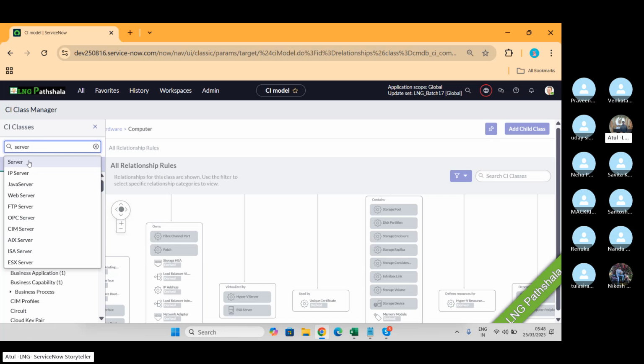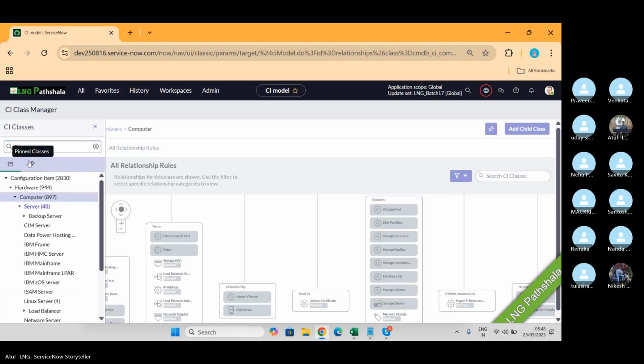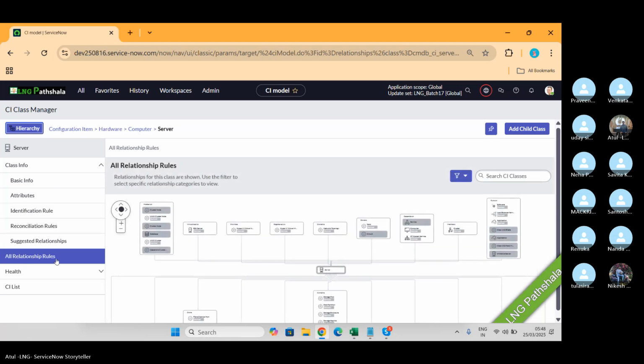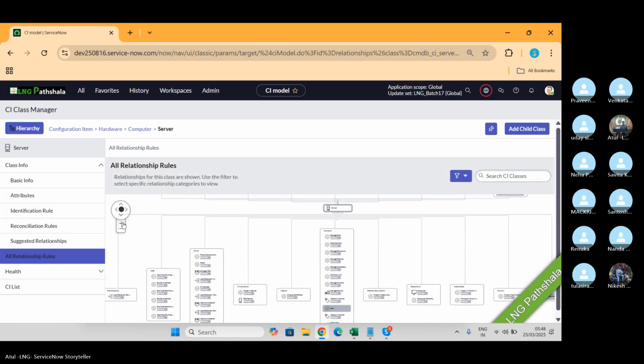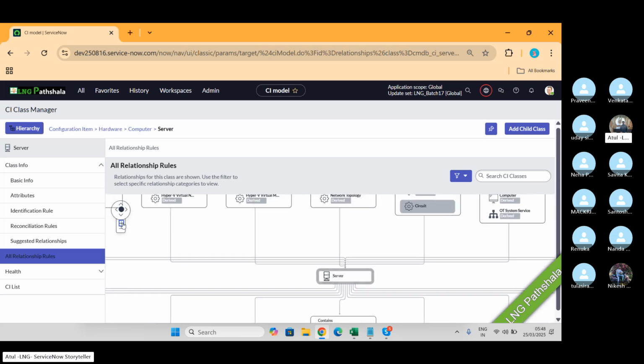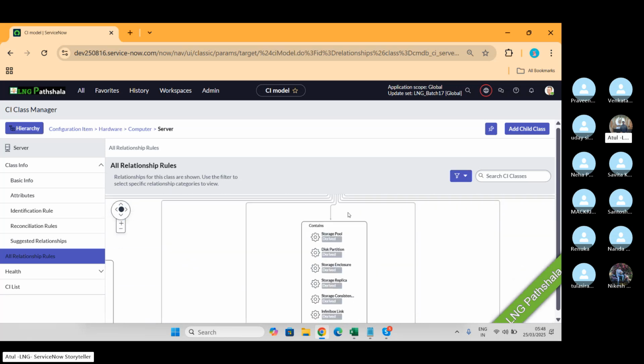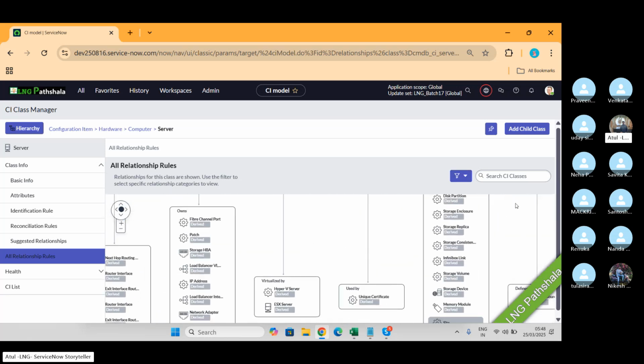Till now, I just knew only Windows Server, that's all. See, a server has a relationship like this. Server contained like this. Server used by like this. Server owned by like this.